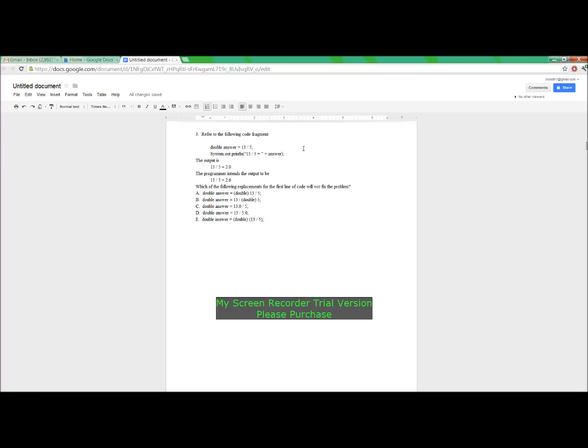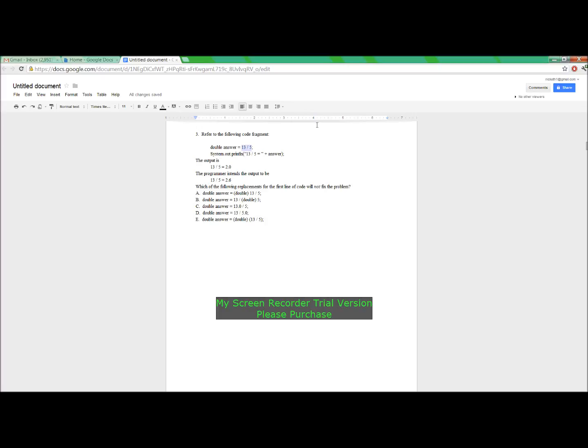So the problem with this is that it's interpreting 13 and 5 right here as integers. And so integers divide in a special way where they divide and then the decimal place is just stripped off.